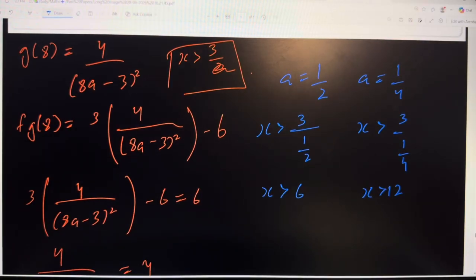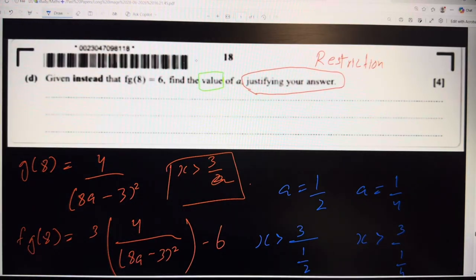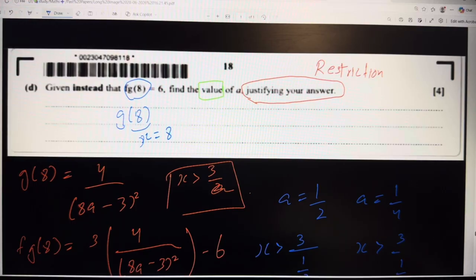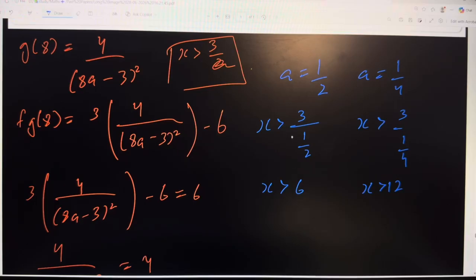We can see that g has taken the function 8 as x. Here x is to be taken as 8, am I right? So x is equal to 8, so if you look at x is greater than 12, this does not apply.